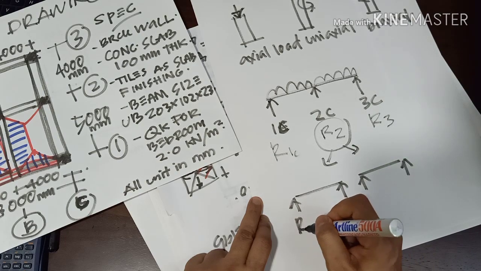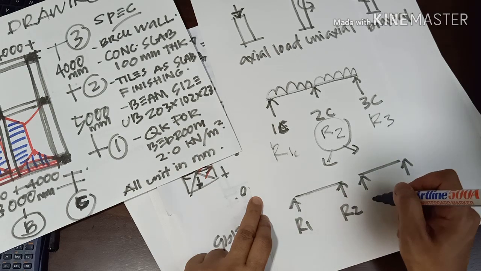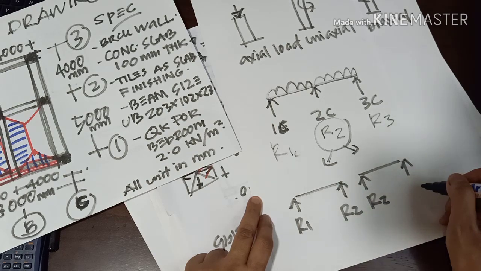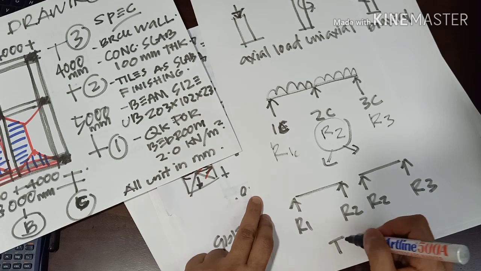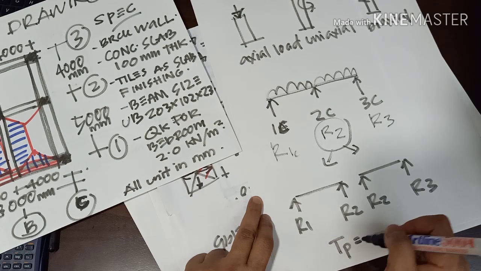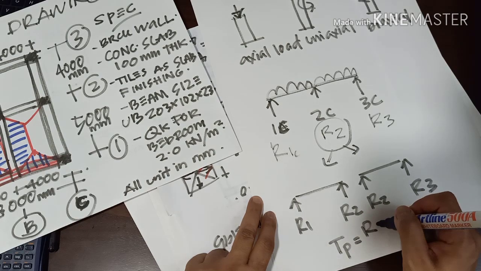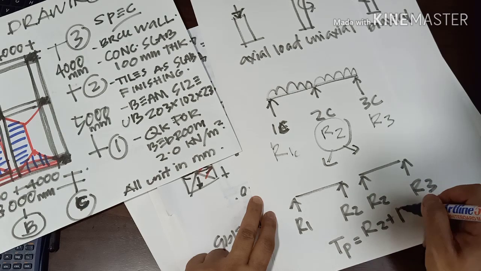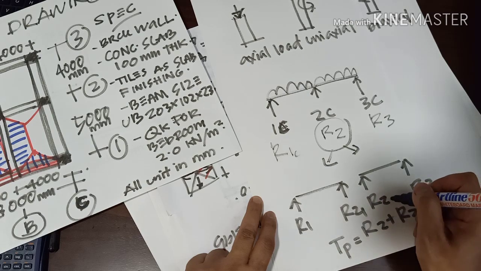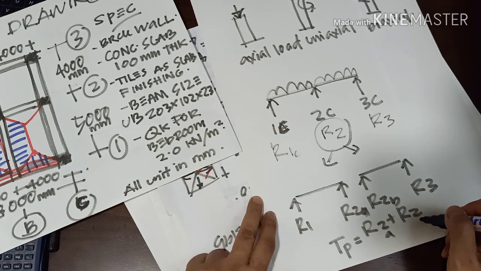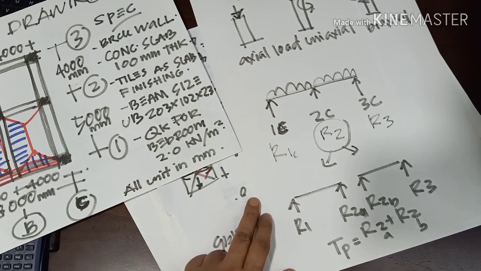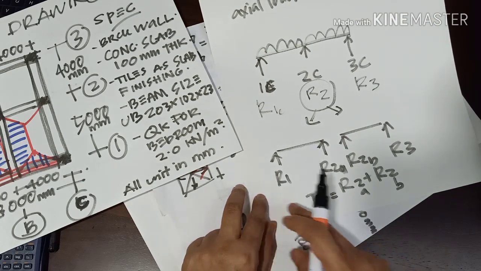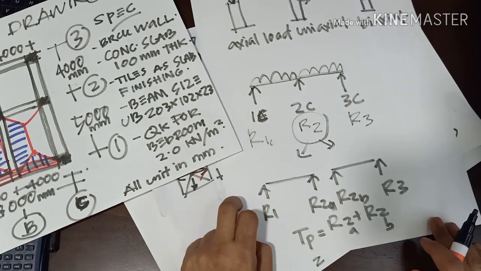Here you have R1, you will have R2, here also you will have R2, and here you will have R3. So the total P is equivalent to R21 plus R2A plus R2B. Then you will get the pressure acting on column 2C.